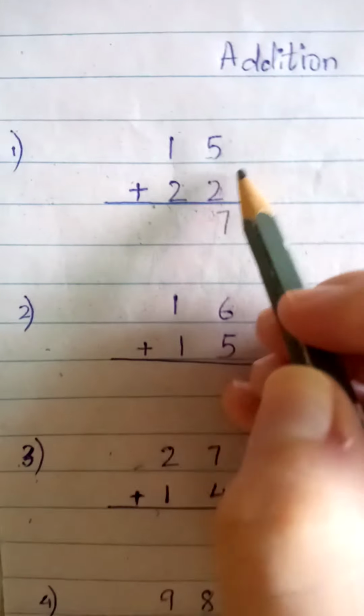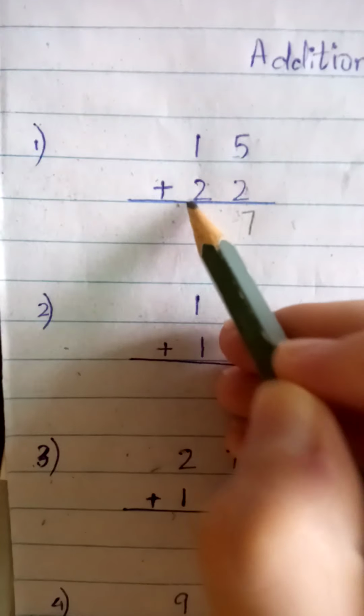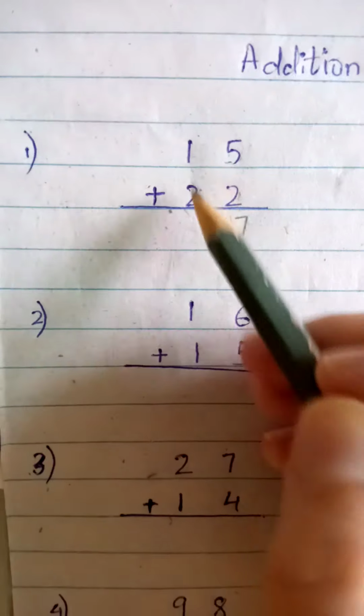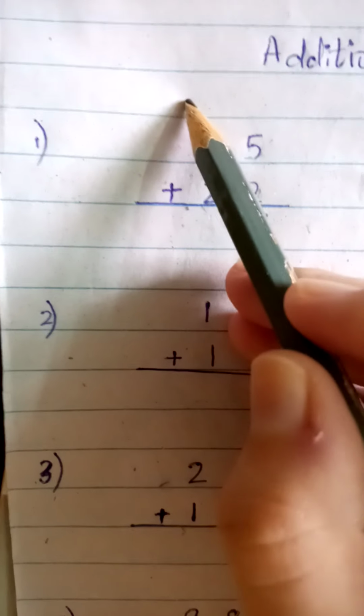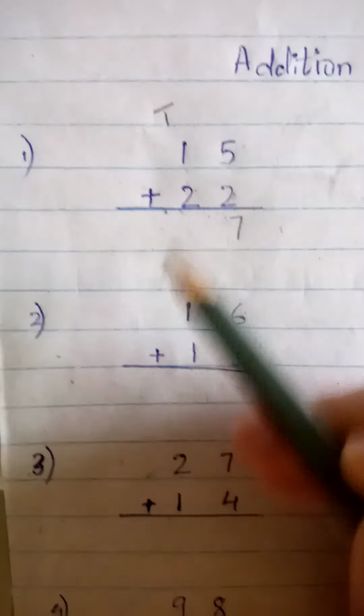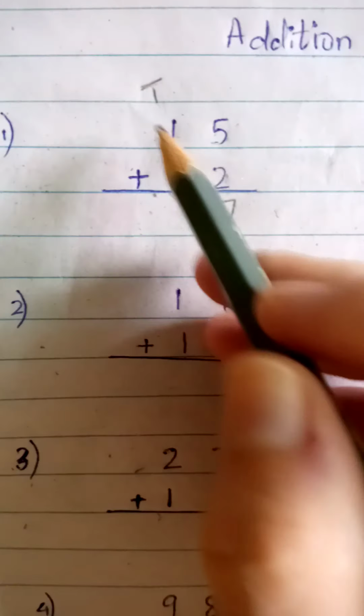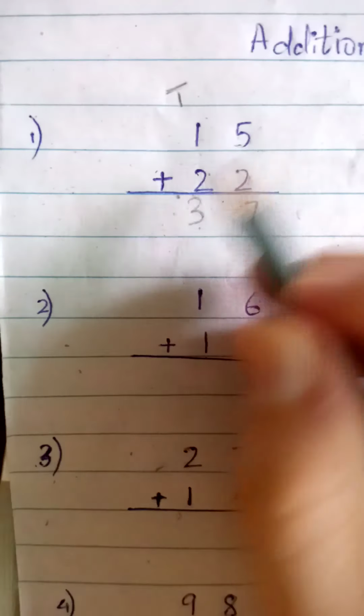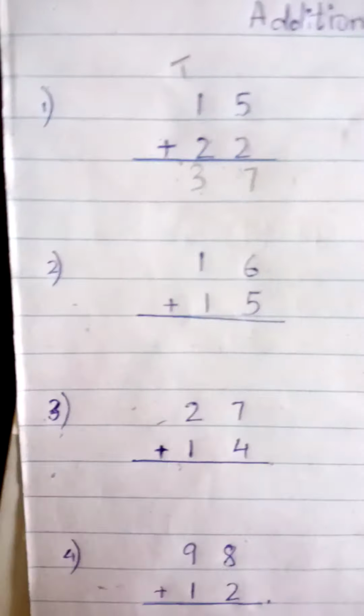Then I will move towards the left column, in which the numbers are present at the tens place. Here I can see 1 and 2. 1 plus 2 makes 3, right? So 15 plus 22 makes 37.